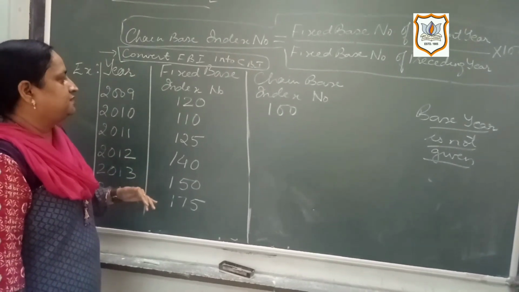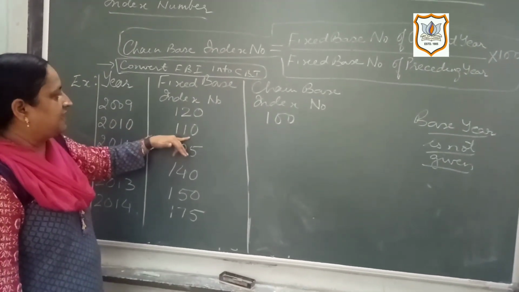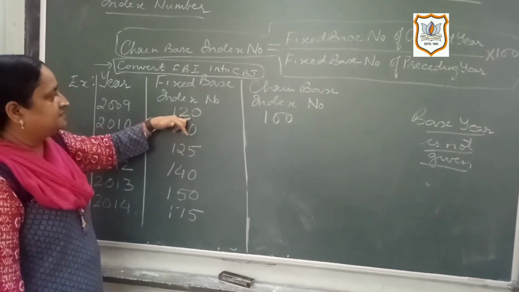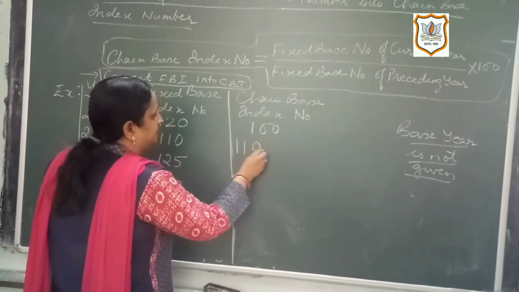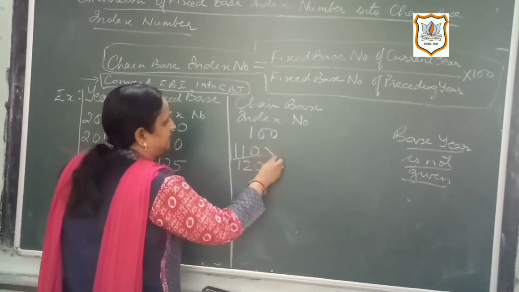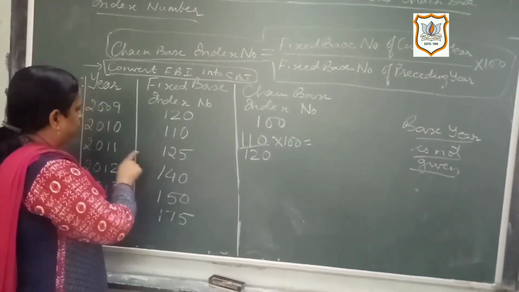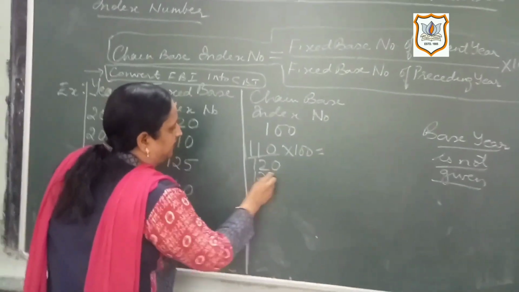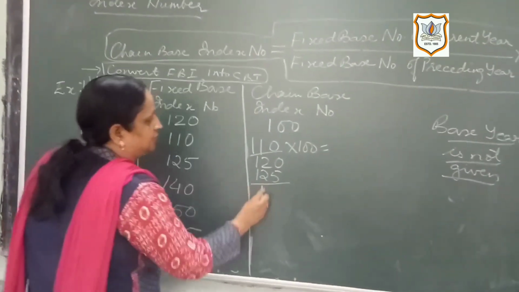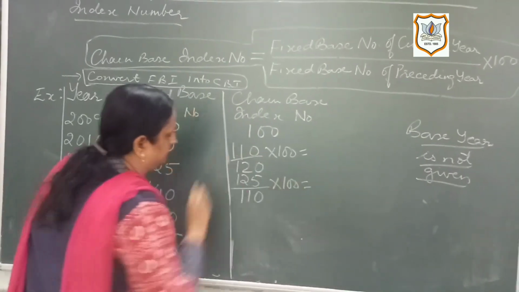Second, when we are going to calculate, see, this year 2010, the value is 110. Previous year's value is 120. So you will divide 110 by 120 and then multiply by 100. Here for 2011, value is 125. So 125 divided by previous value, that is 110, into 100.